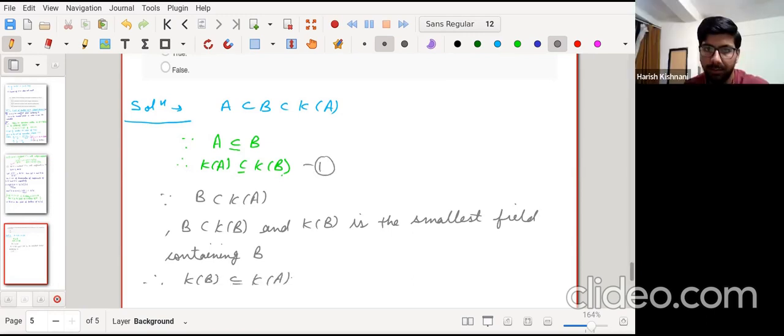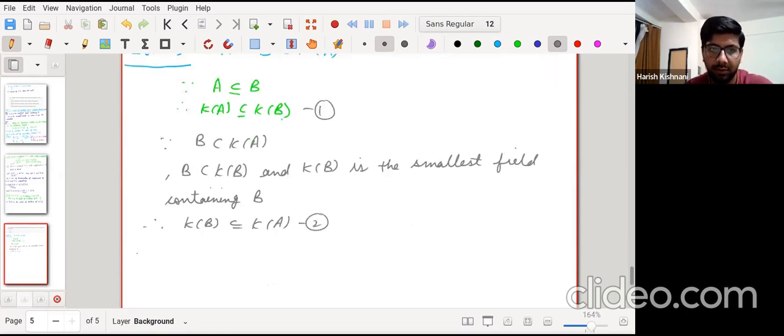So what can you say about the first and second? It implies K_A is the same as K_B, or you can say they are isomorphic, because you should not write K_B as a subset of K_A.